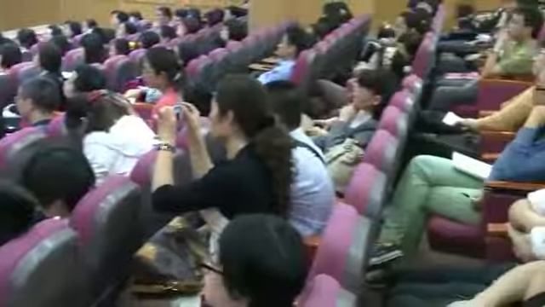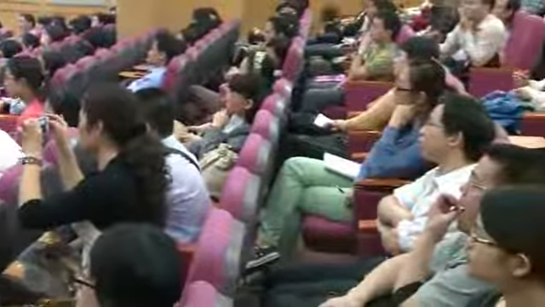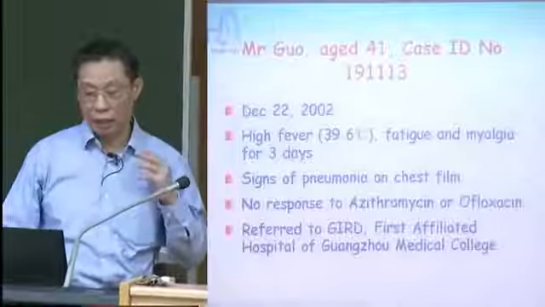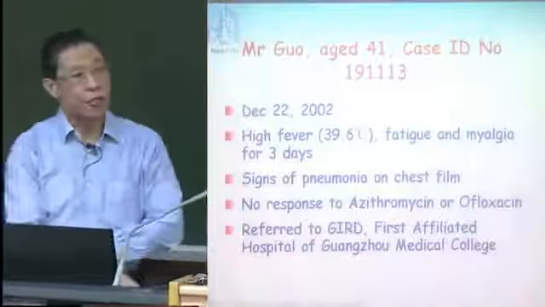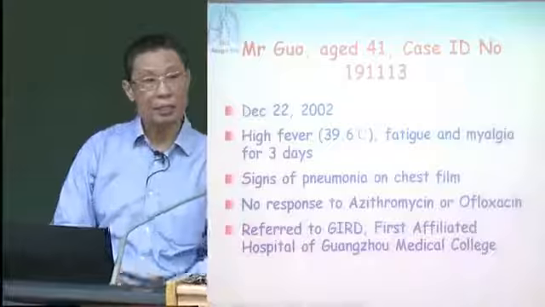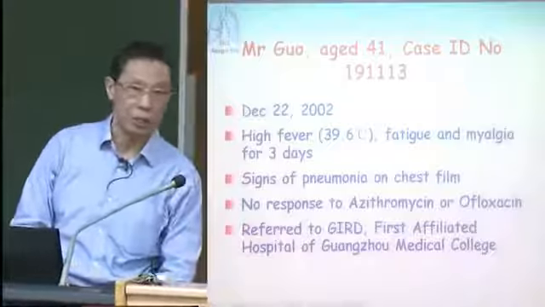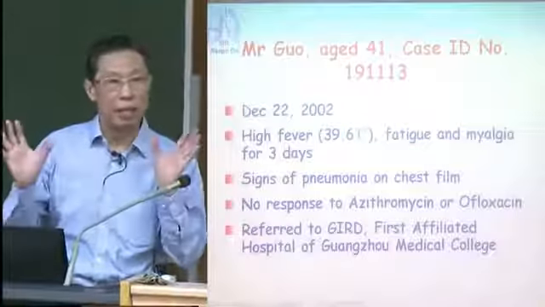This is Mr. Guo, age 41. He had a fever, fatigue and myalgia for 3 days, and then an X-ray showed pneumonia.